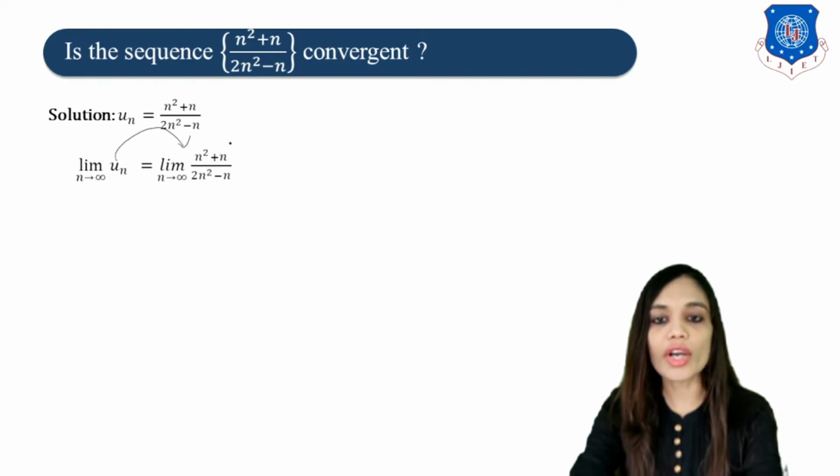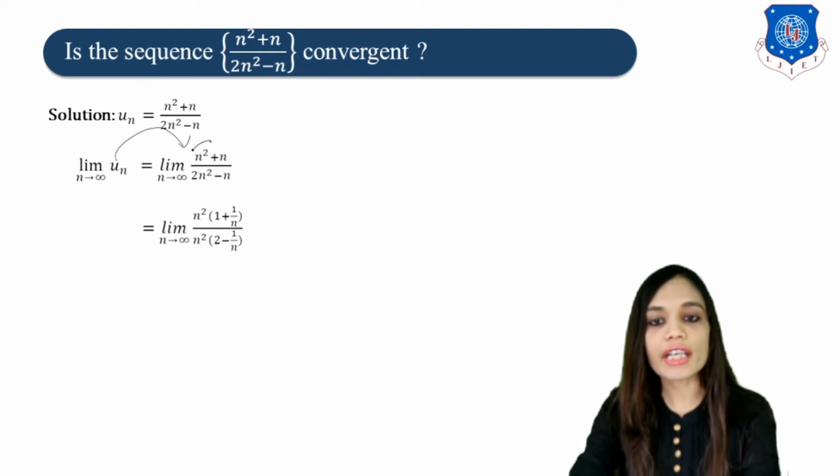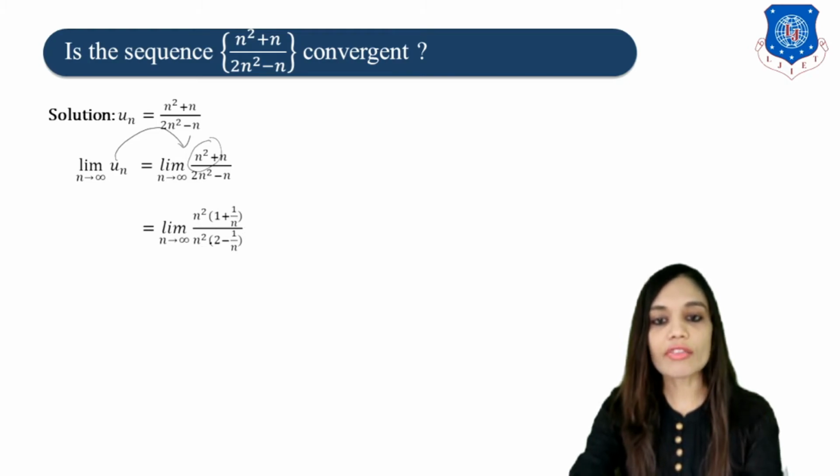Put the value of u_n, that is (n^2 + n)/(2n^2 - n). Now here you have to take out the maximum degree of n common from the numerator and denominator. So we will take out n^2 common. So you will get limit n tends to infinity n^2(1 + 1/n) upon n^2(2 - 1/n).